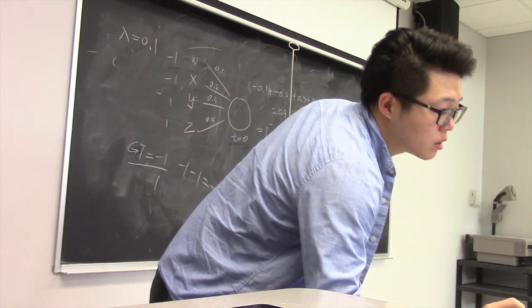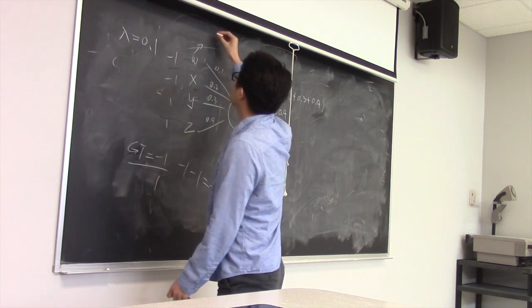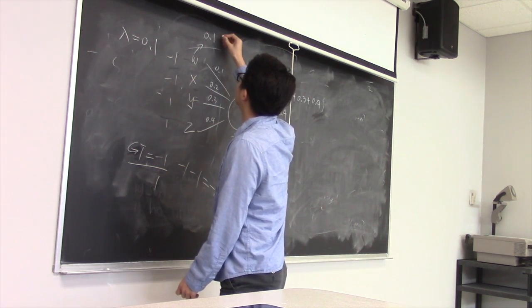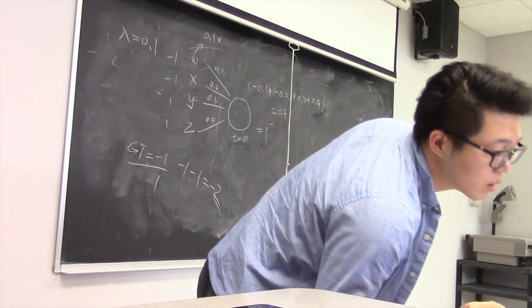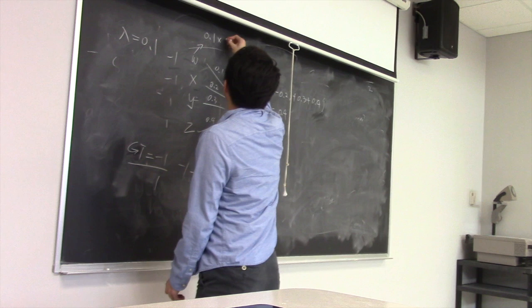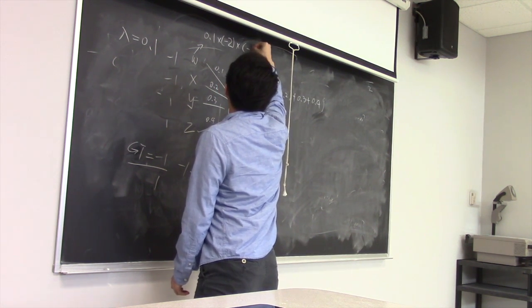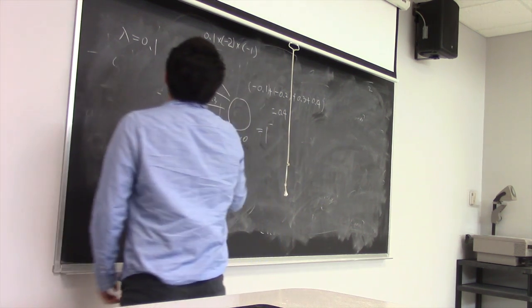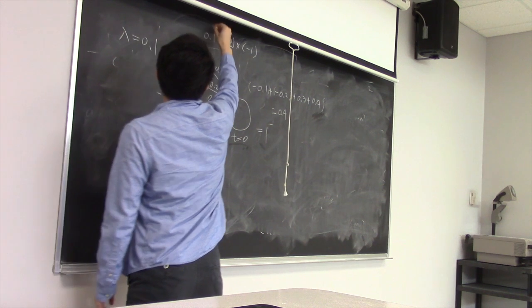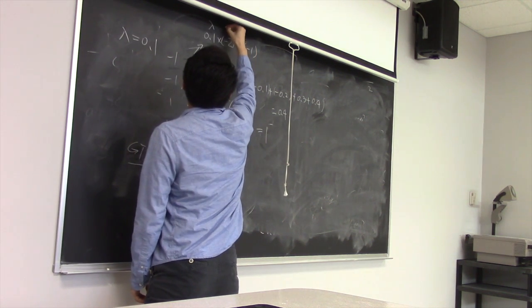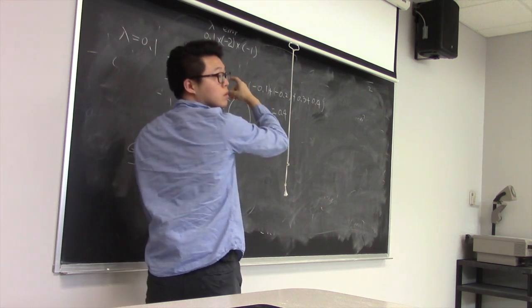So for this one, we add -0.1 multiplied by -2 multiplied by -1. This one is the lambda, this is the error, can you see that?